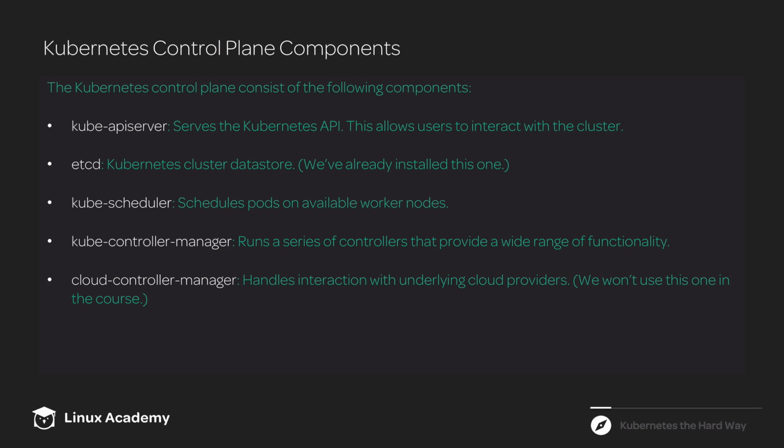So if you want to run Kubernetes directly on a cloud provider like Azure or Google Cloud Platform or Amazon Web Services, or even if you want to have a hybrid Kubernetes cluster where only some of your pods are running on cloud resources and you want to manage that interaction, that's the functionality that's provided by Cloud Controller Manager.